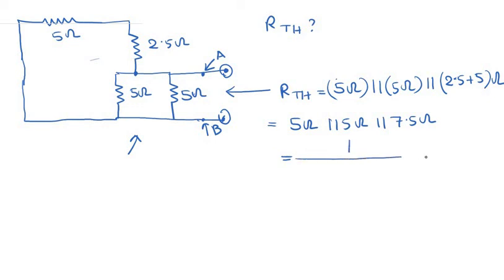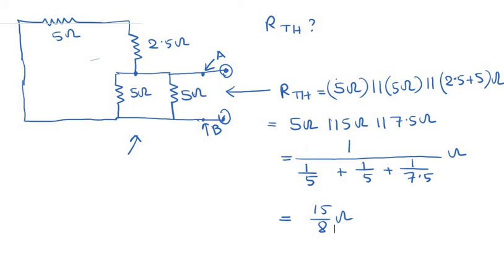If we write it in the parallel resistance form, the value is 1 by 5 plus 1 by 5 plus 1 by 7.5 ohms, and this would actually give me 15 by 8 ohms if you calculate. So this is the value of RTH over here.